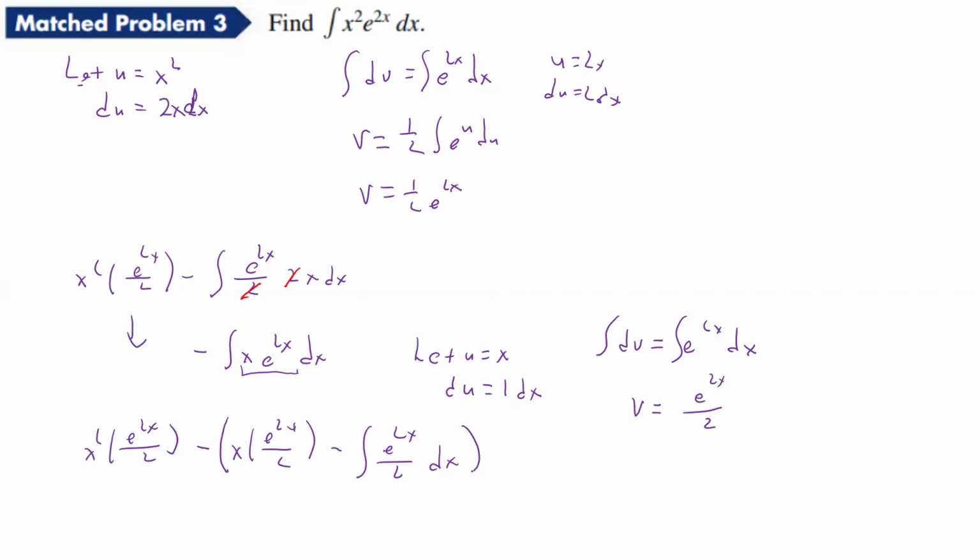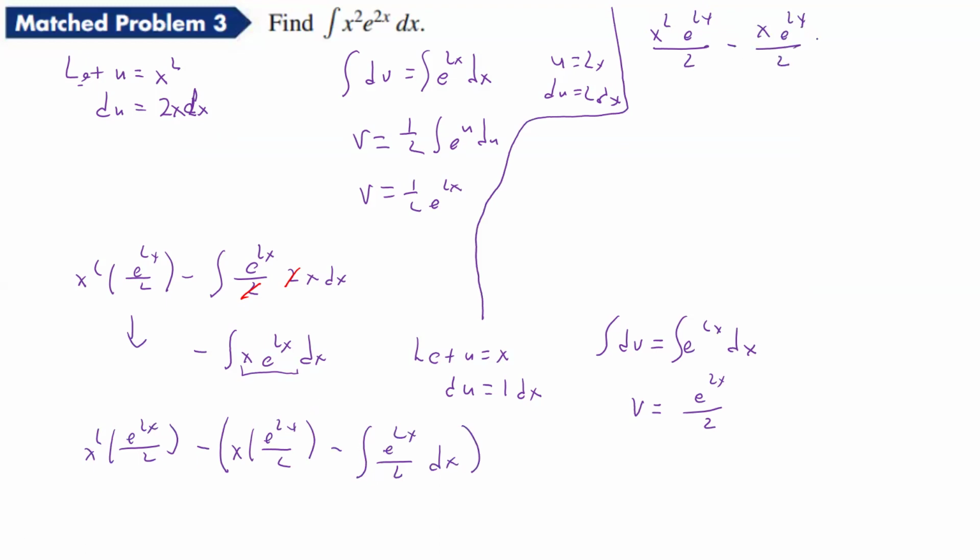Now we have in parentheses, and then what we can say is, okay, well, now let's maybe move it up here. So now we have x squared e to the 2x all over 2 minus x times e to the 2x over 2, because that's this piece.